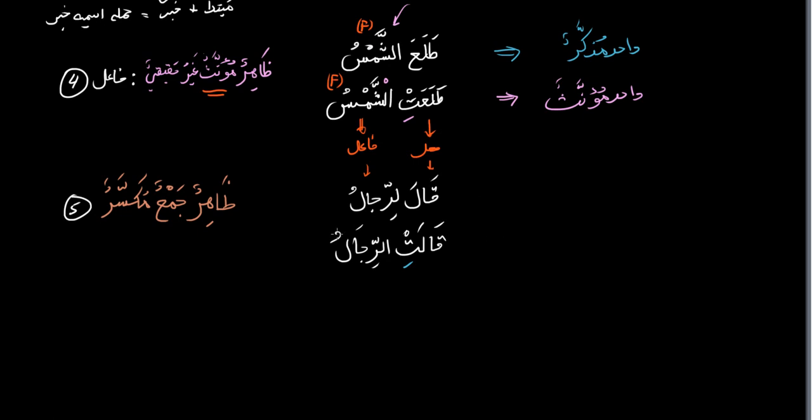Okay, khala ar-rijalu. In this case, if you have jam'u mukassar, you can use either wahid mudhakkar or wahid mu'annas. Okay, wahid mudhakkar, mudhakkarun. Okay, or wahid mu'annasun.